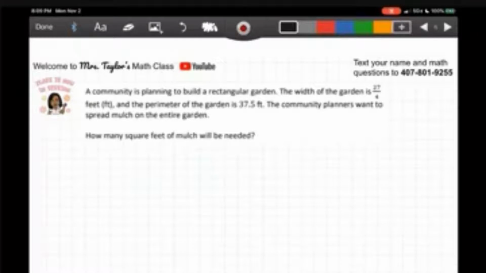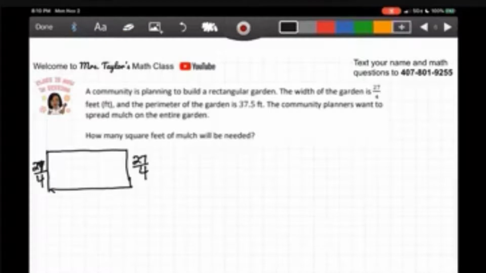So again, let's draw a picture to depict what the scenario is. We have our rectangle, and it says the width is 27/4. And then it says the perimeter again is 37.5 feet.